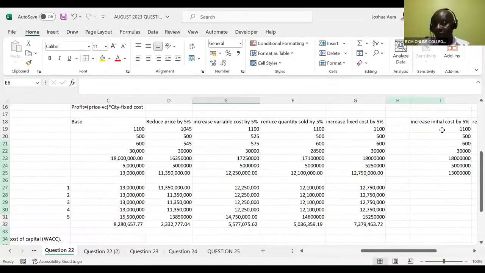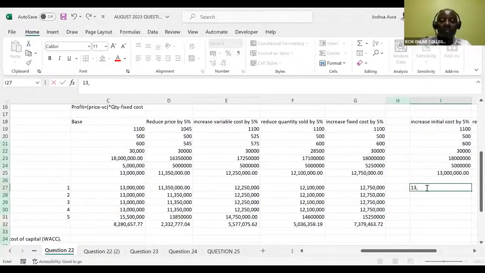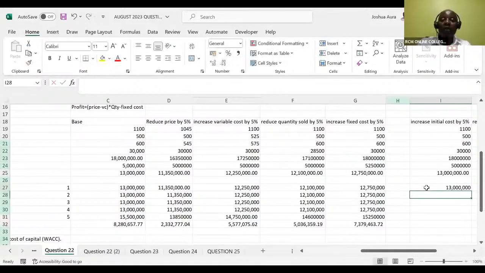Initial cost will only affect me when I'm saying minus initial outlay. So when I come here, I can see my figures here are 13 million. So I'll be able to copy this 13 million throughout.